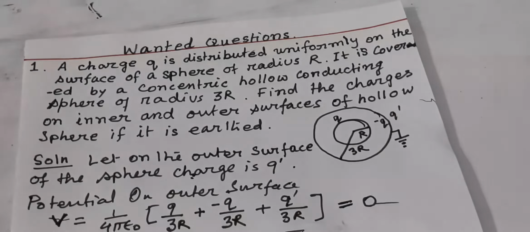As we have discussed earlier, because of induction, the inner surface of the big sphere will be minus q, and the outer surface will be q dash. We have to find out that unknown q dash. Now, as we know, the potential on earth's surface will be 0, I mean on the outer surface of this concentric arrangement.